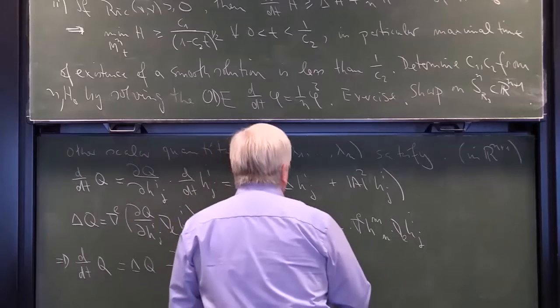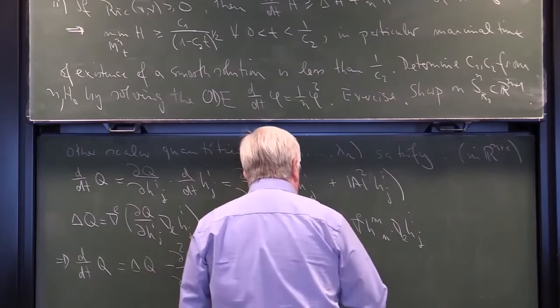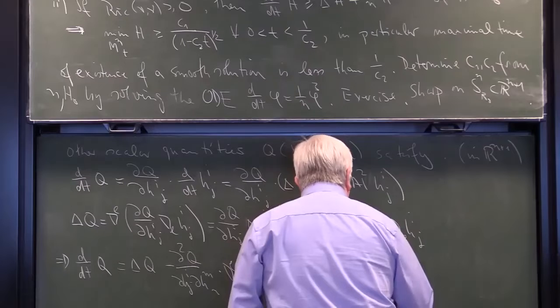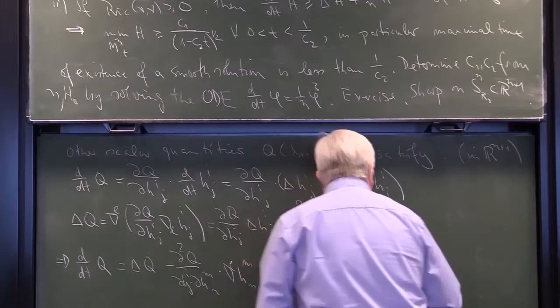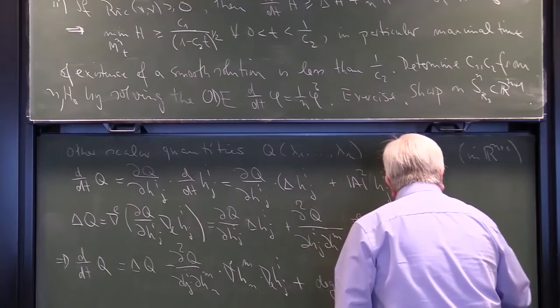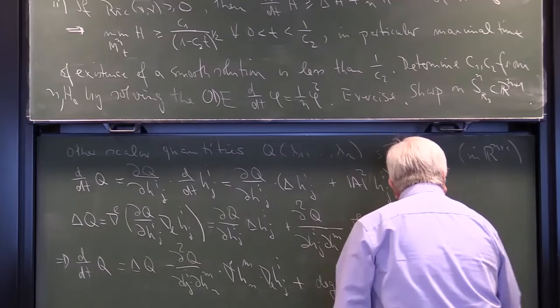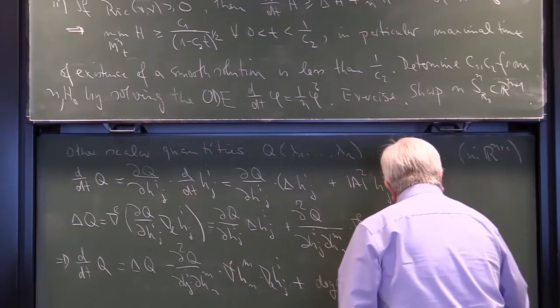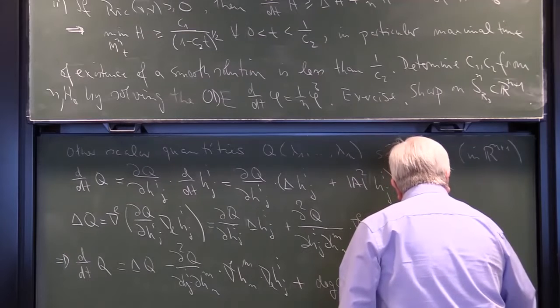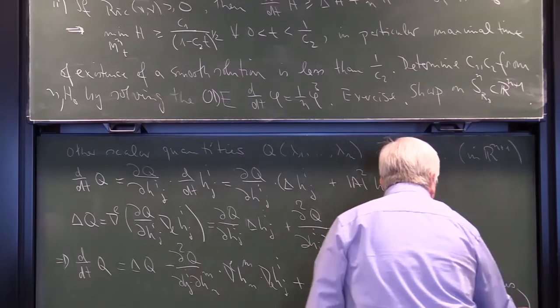So you get plus the degree of Q multiplied by Q times |A|^2 on the right-hand side, if Q is homogeneous of degree Q.